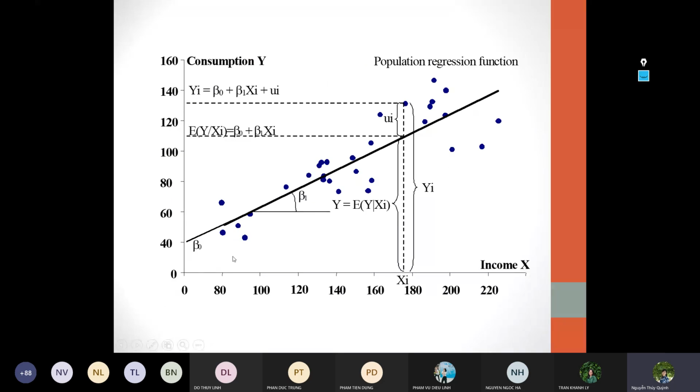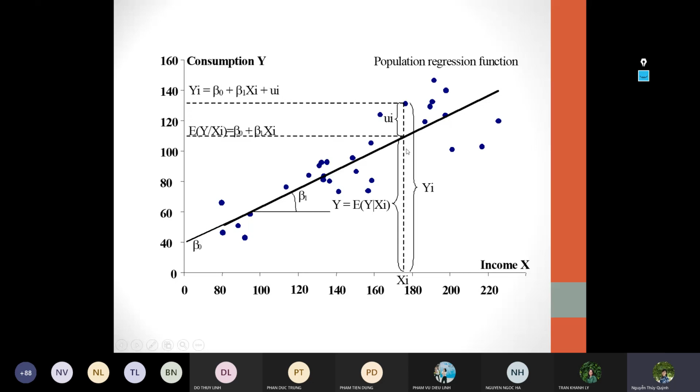This is the figure of the population regression model. We call this the population regression line. Those blue points are the observations, each corresponding to one value of x and one value of y.